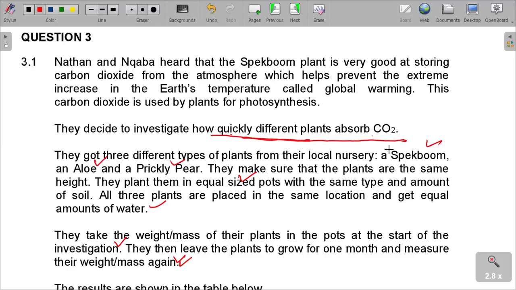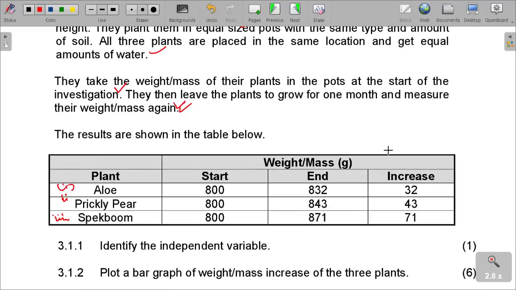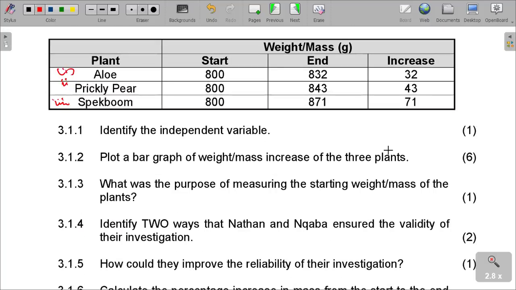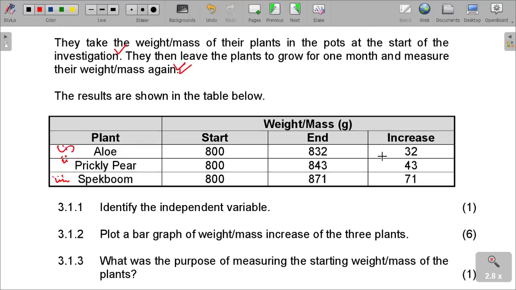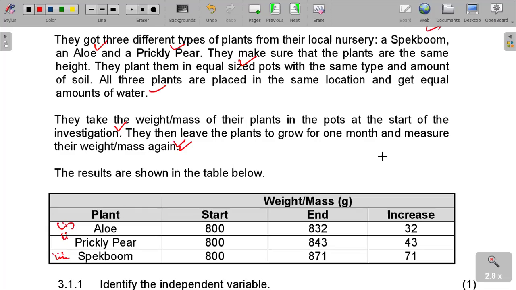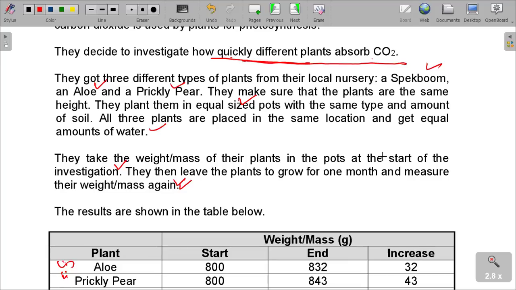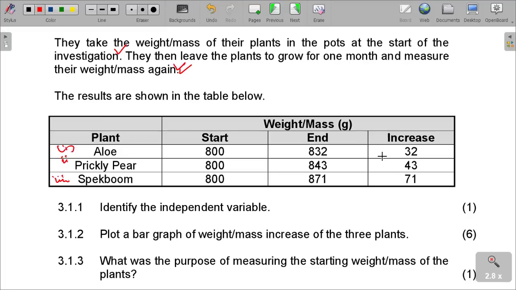So what is the independent variable? It is the type of plants. The different types of plants are the independent variable.